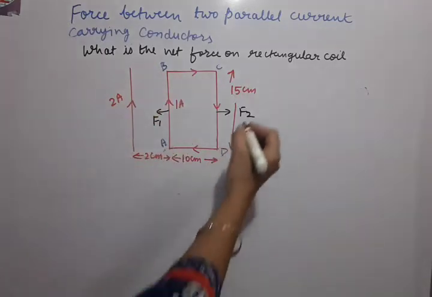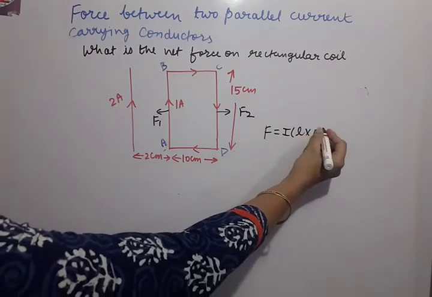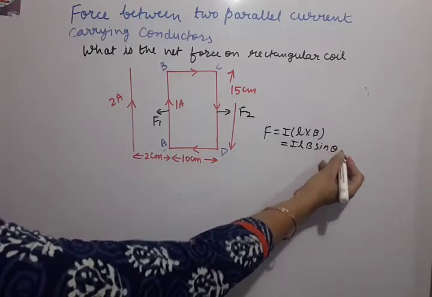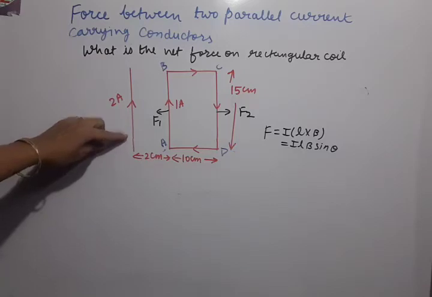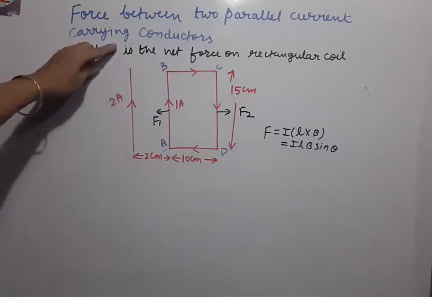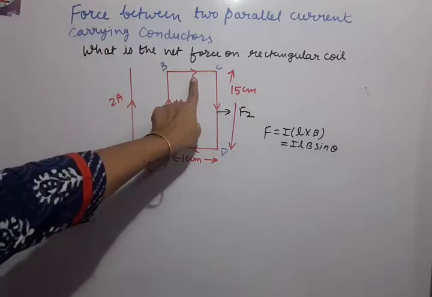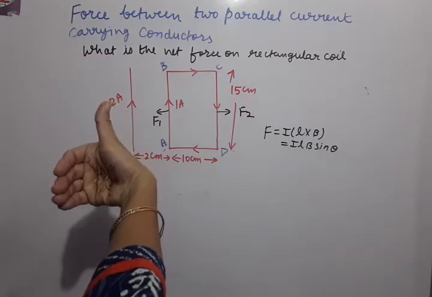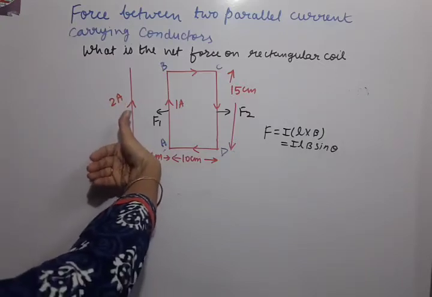Why? Because the force formula is I L cross B, or ILB sin theta. Now the current direction is upward. So first of all it will produce a magnetic field here. Using the right hand thumb rule, if we find the magnetic field direction, thumb is upward.